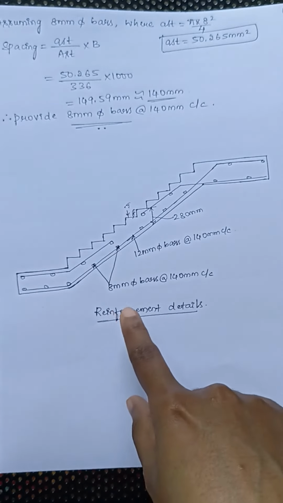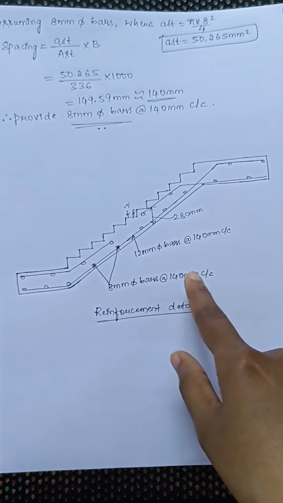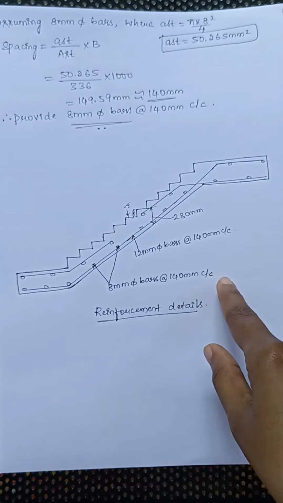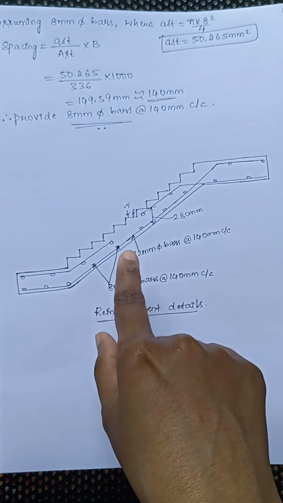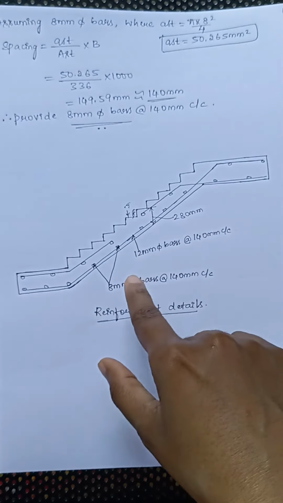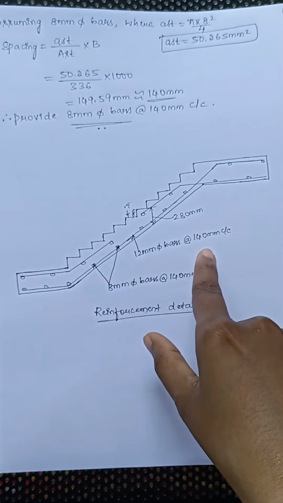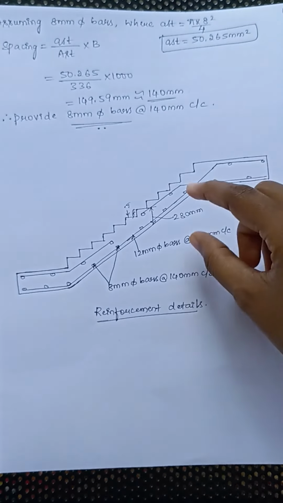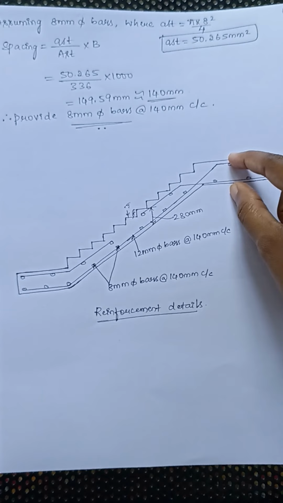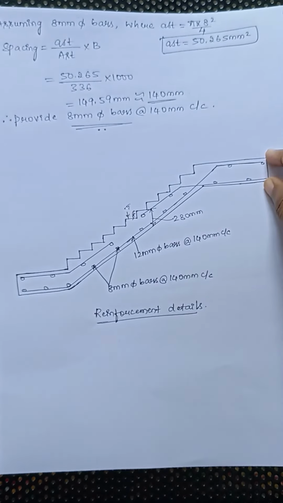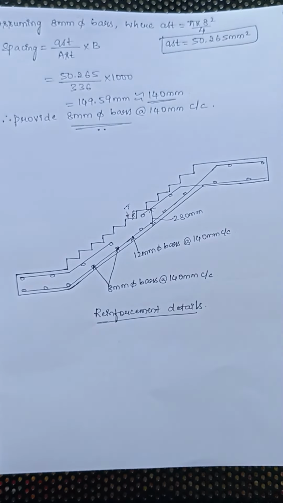So for circles you have to show it as 8 mm bar at 140 mm center to center, and the continuous line represents your main reinforcement, where we have provided 12 mm dia bars at a spacing of 140 mm. And this is the depth of the waist slab, that is the overall depth we have provided, which is 280 mm. So that gives you the sketch of reinforcement details, and that completes the design of the dog-legged staircase. Thank you.